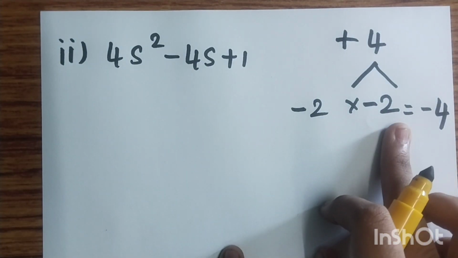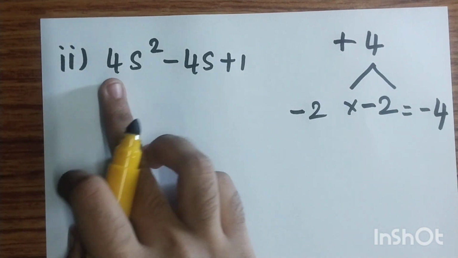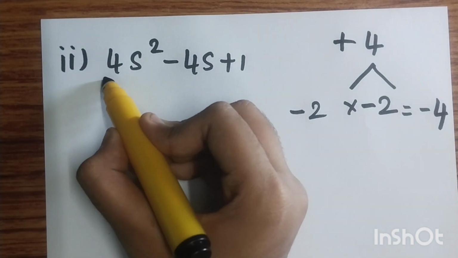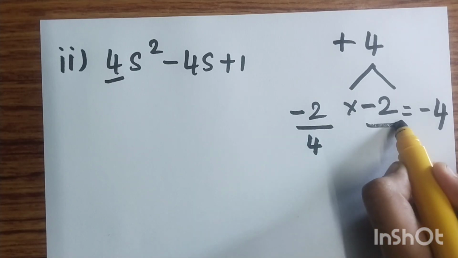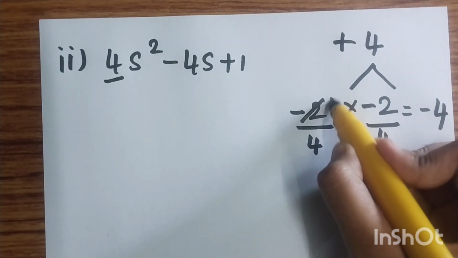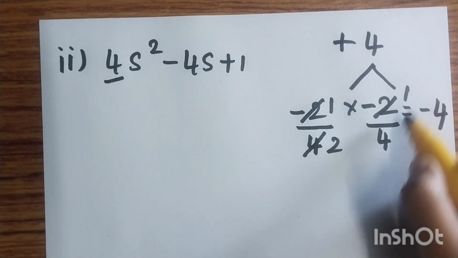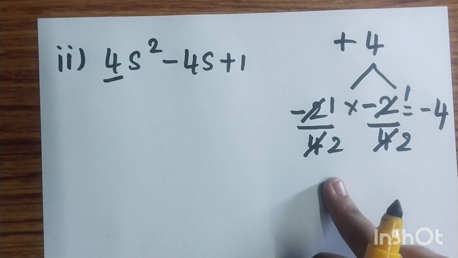So these are my zeros, and here my coefficient of s square is 4, right? So I have to divide here by 4. So this is a simple trick. If I divide here by 4, I'll be getting 1 by 2, 1 by 2. So this is my zeros now.